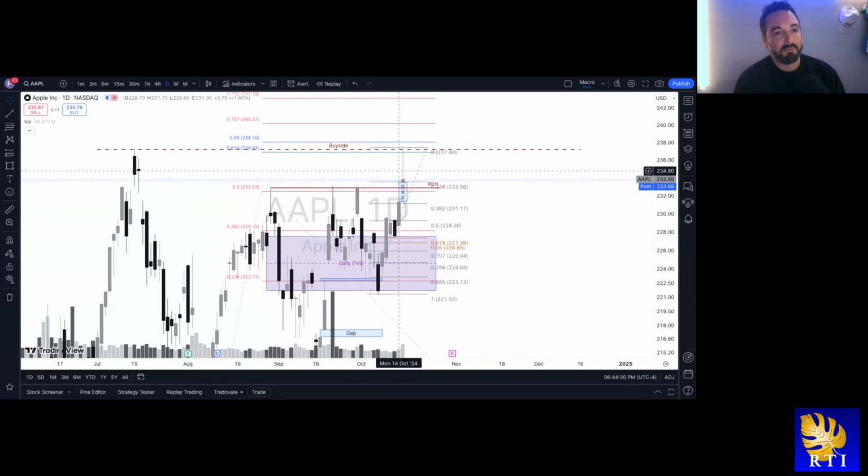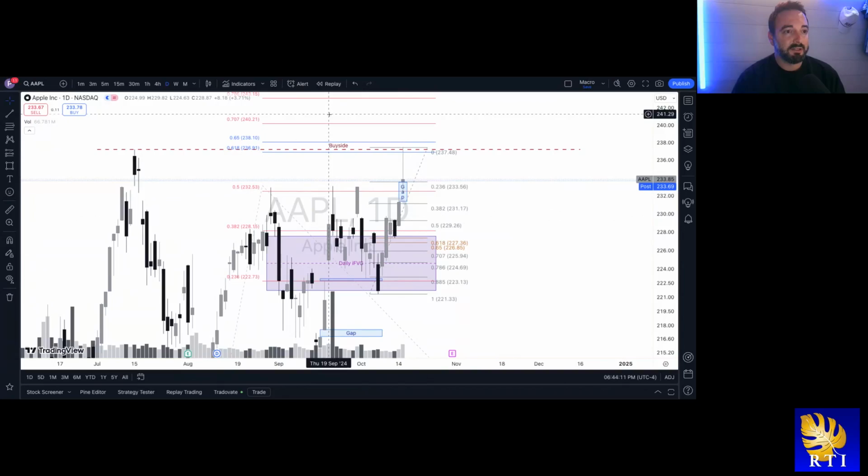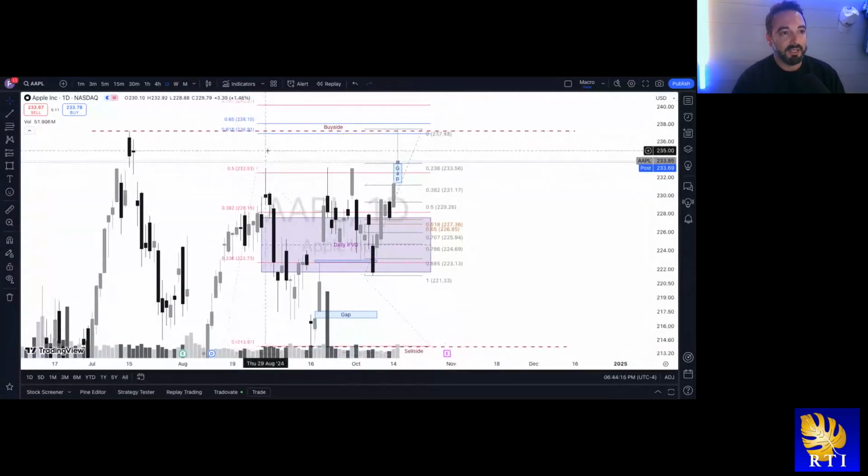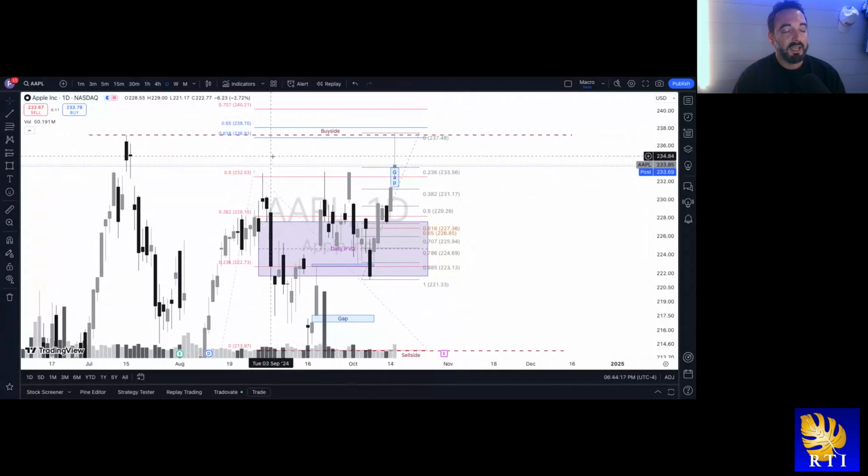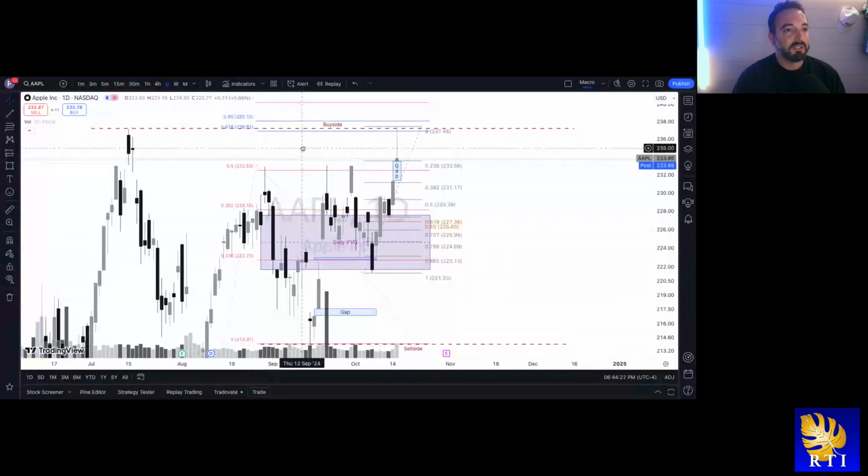I could have probably held on longer. I think we're going to come back down to this 229 area, if I had to guess, but I was happy. We took out the relative equal highs. In this market, I'm not going to be greedy because who knows what's going to happen tomorrow. It's also expiration tomorrow and it's OPEX week, so I wasn't going to hold.